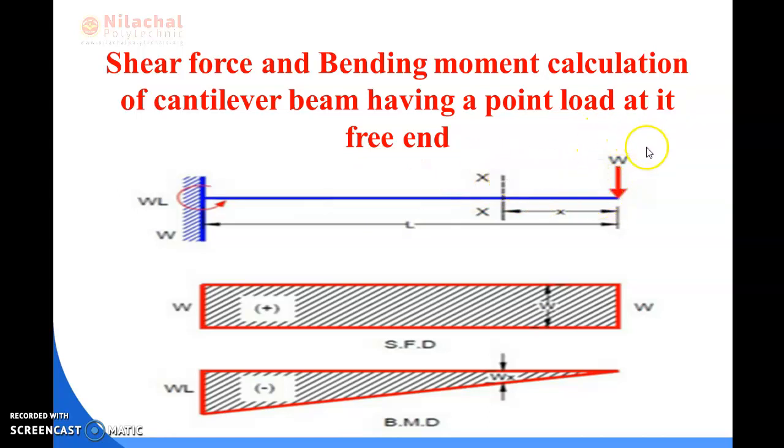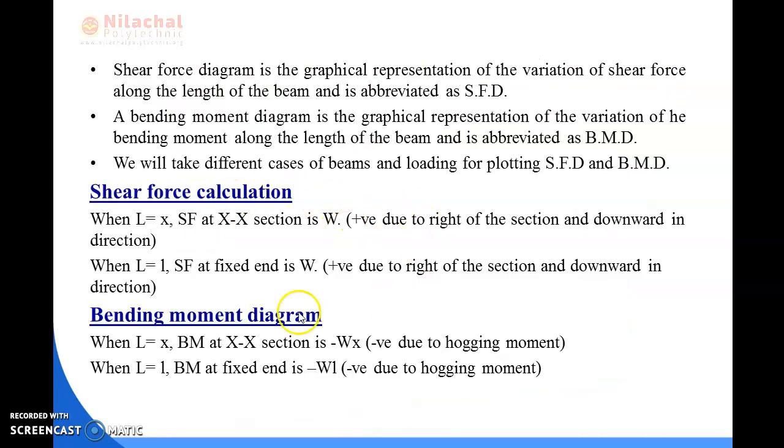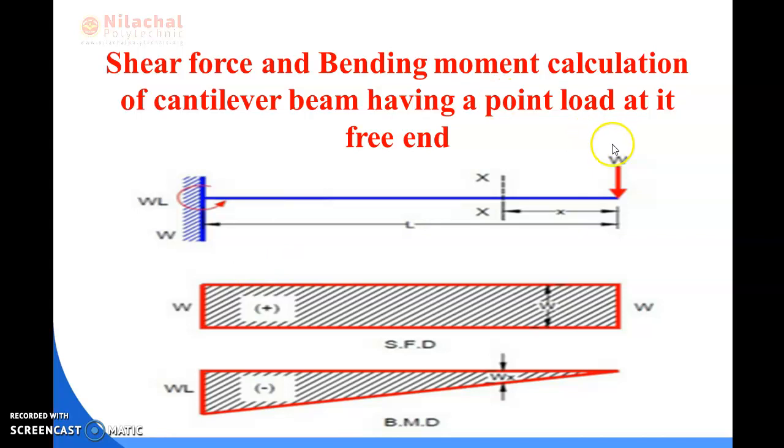So this W point load acts on the whole span of the beam, and this load continues up to the end of the beam. So at the fixed end of the cantilever, the shear force is unchanged. The shear force at the fixed end equals W kilonewton, which is again positive because it is on the right side of the section and downward in direction.